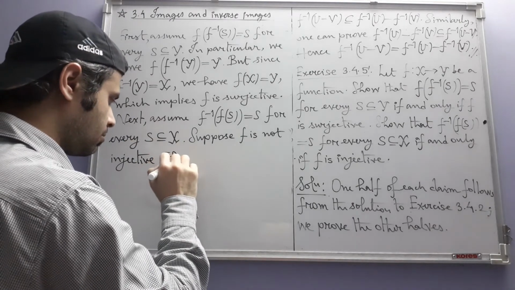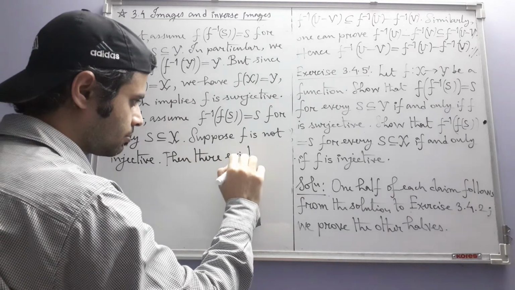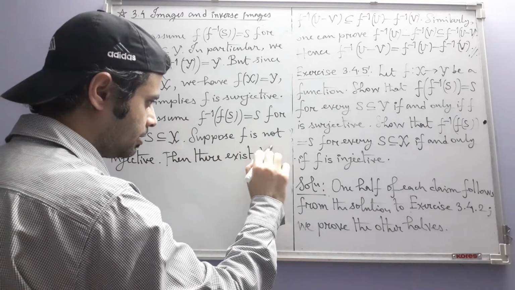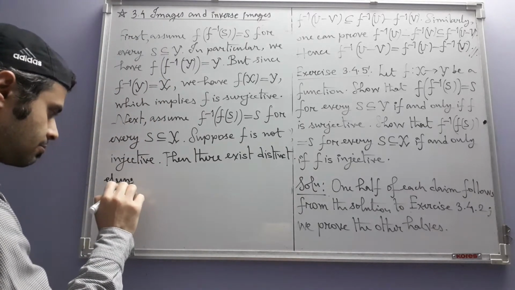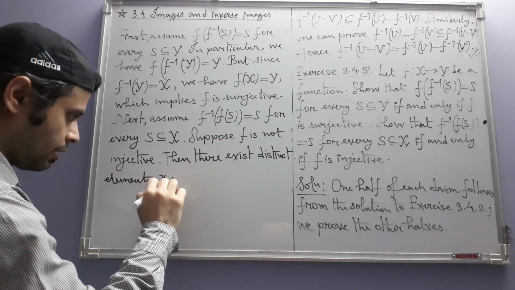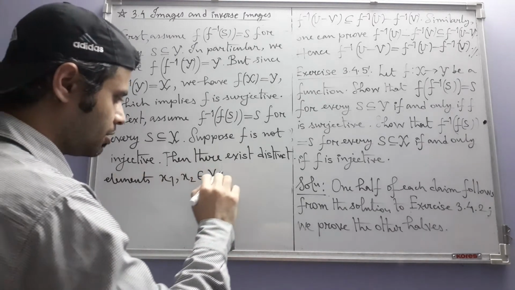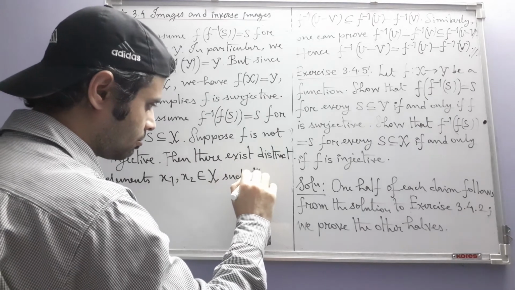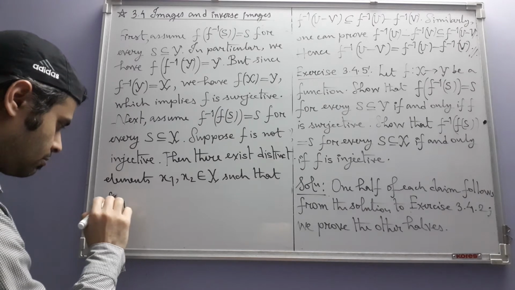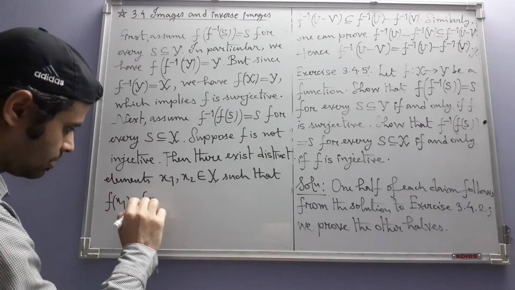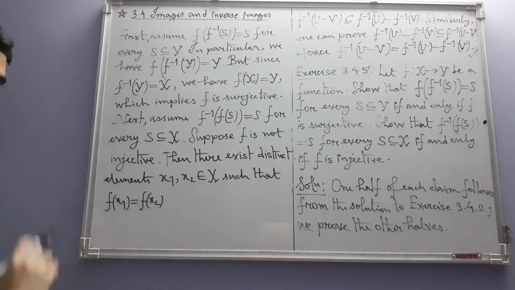Then there exist distinct elements x1 and x2 in the domain such that f of x1 is equal to f of x2, that is, x1 is not equal to x2 but f(x1) equals f(x2).